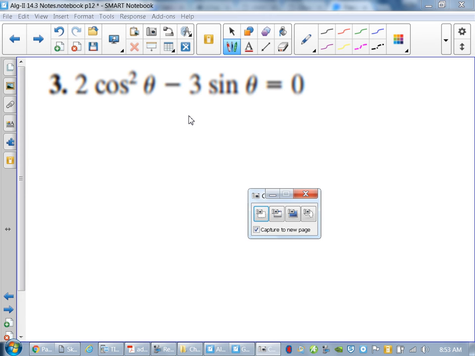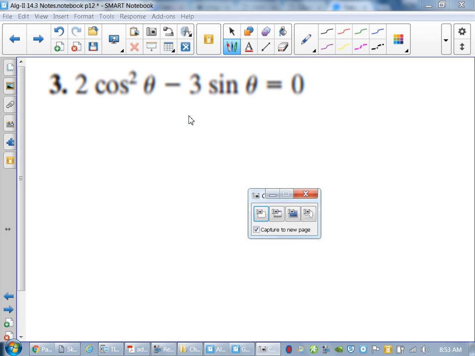Well, the trick was, I have a cosine squared and a sine. What I would do was rewrite the squared term to make it look like the non-squared term, because I can work backwards to that. So knowing that cosine squared is 1 minus sine squared, I would use that substitution.